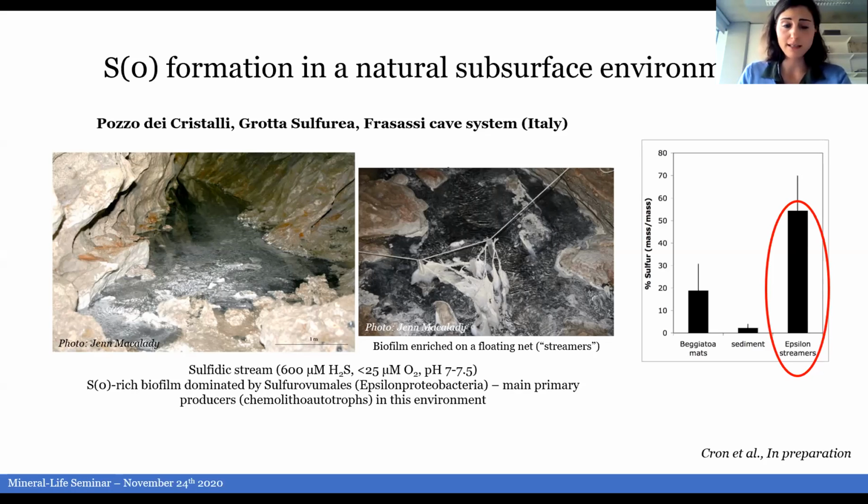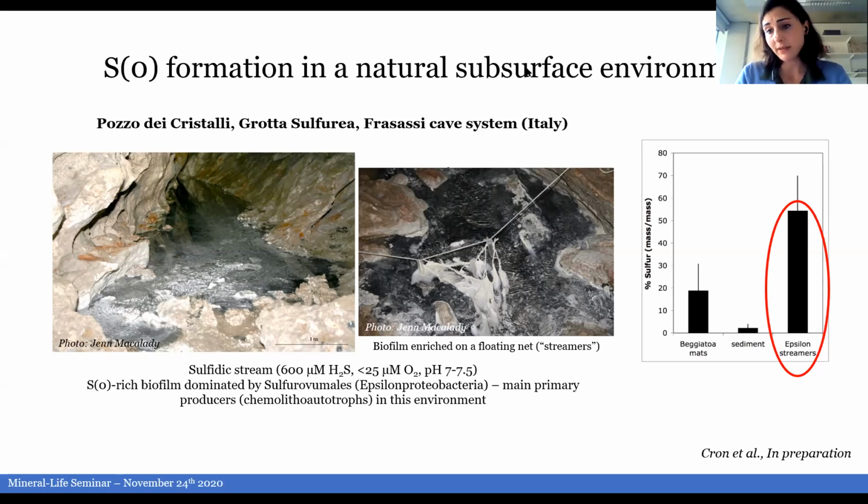And they give this white color to the stream. And we can grow these biofilms on nets that we put along the path of the stream. And collaborators have characterized their microbial diversity, and they have shown that they are dominated by sulfur-oxidizers of the epsilon proteobacteria family. So they are closely related to the Escugiense species I described earlier.